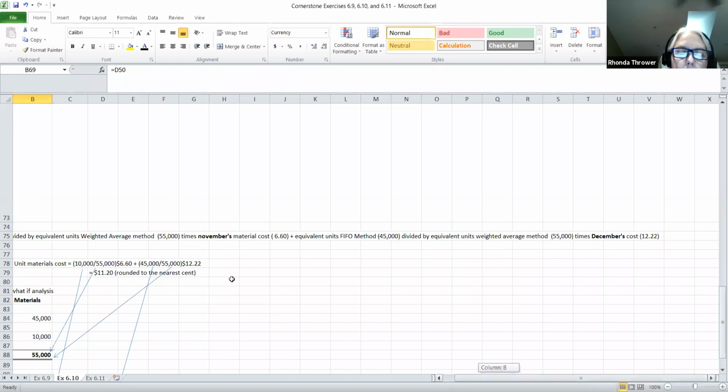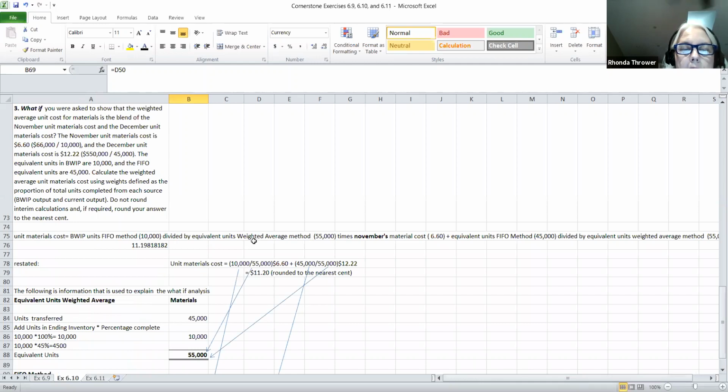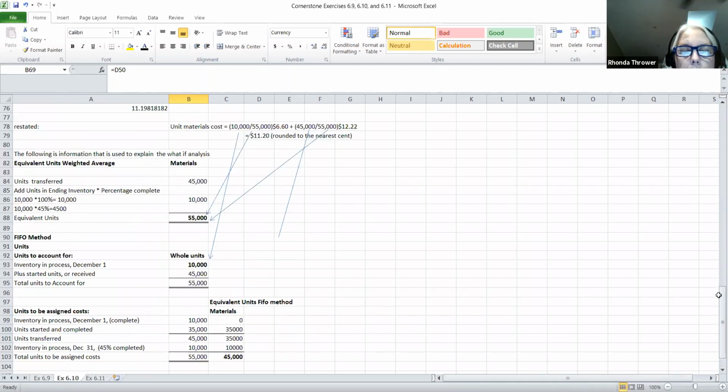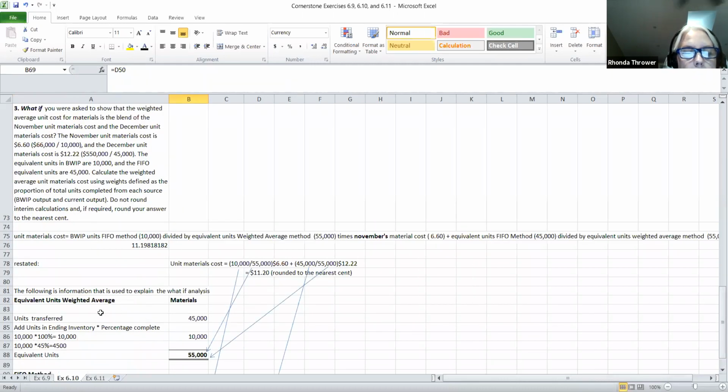So I just restated it and tried to simplify it for you in case this was too complicated for you. And I also further tried to explain it by listing all the steps in here. So the following information that I put down here is used to explain this what if analysis.